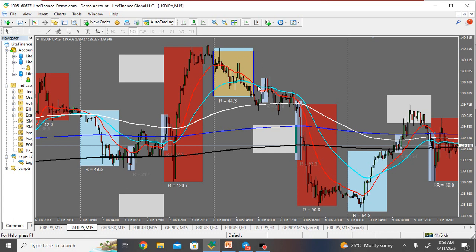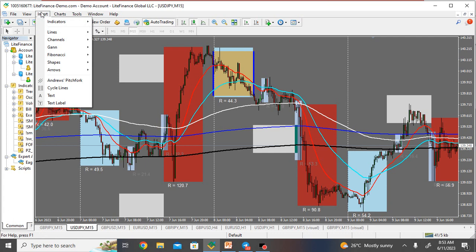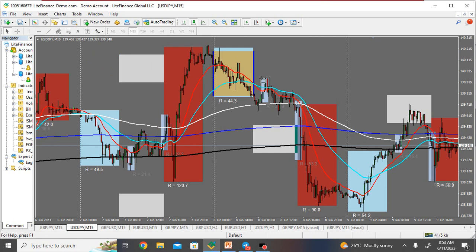Yes, this is an Asian session, and this insert shapes is the start of the London session.